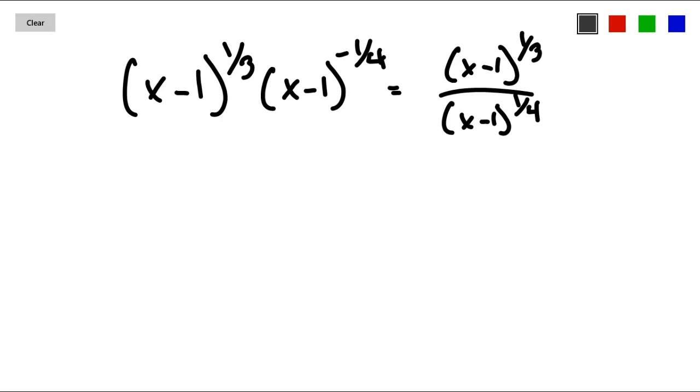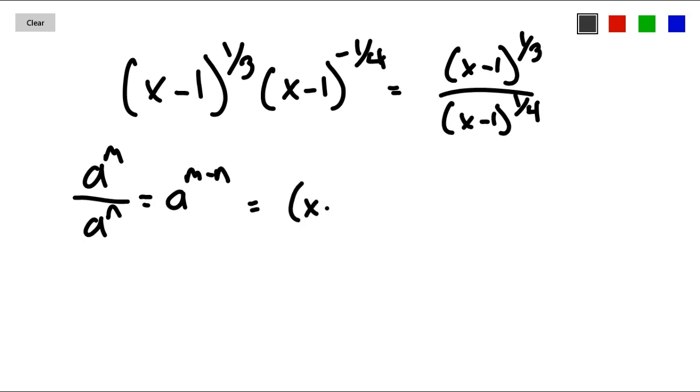Since these have the same base, I can use the rule that one base raised to one power over the same base raised to another power is equal to the base raised to the difference of the powers. So when I use this here, I end up with x minus 1 raised to the 1/3 minus 1/4 power.